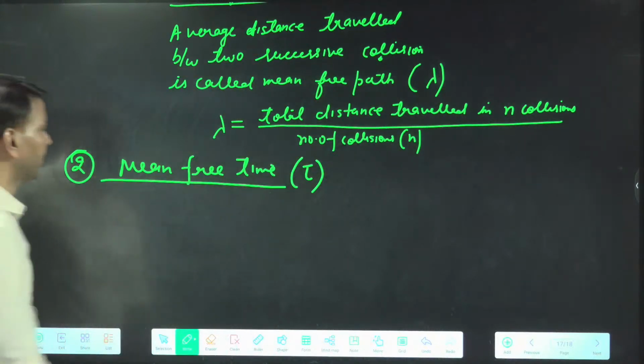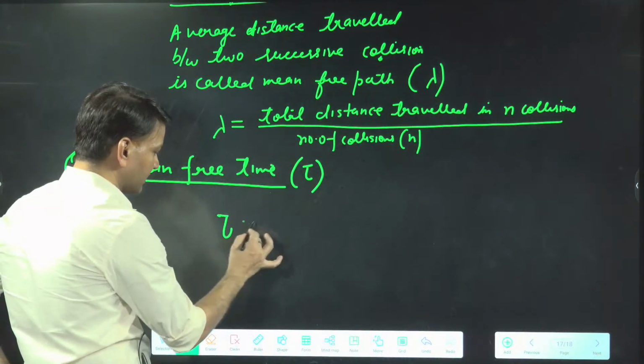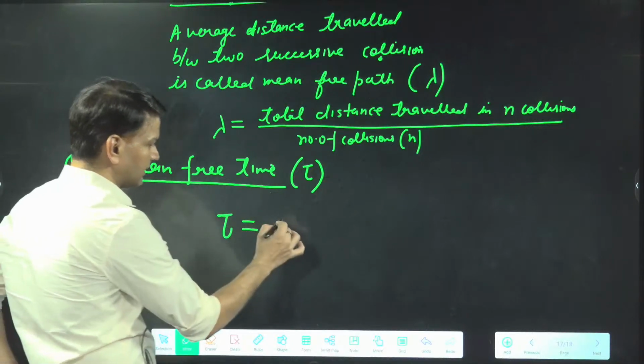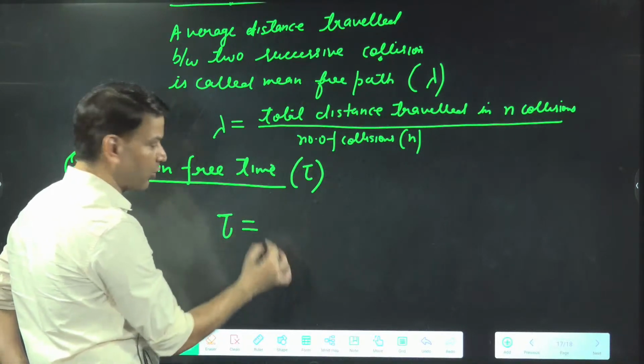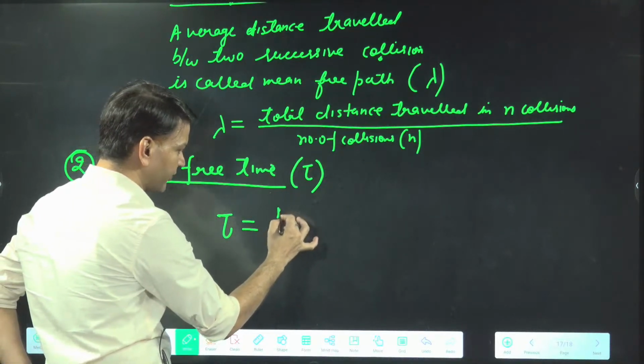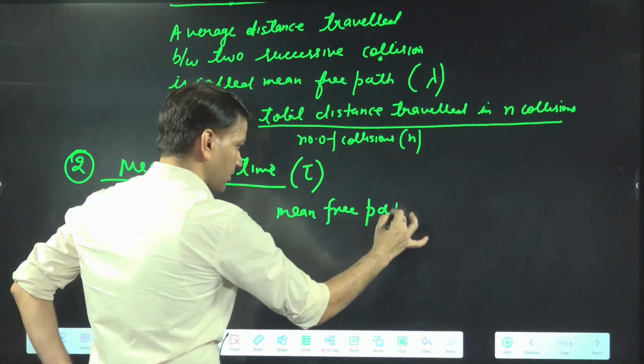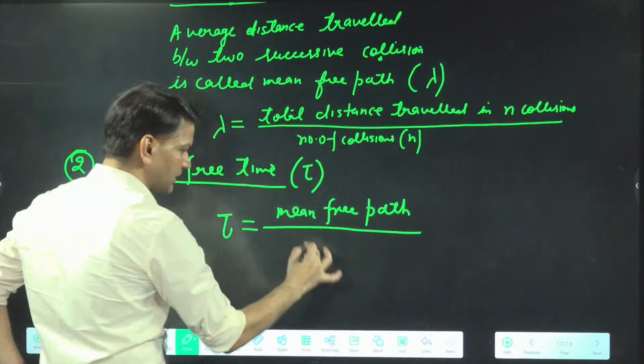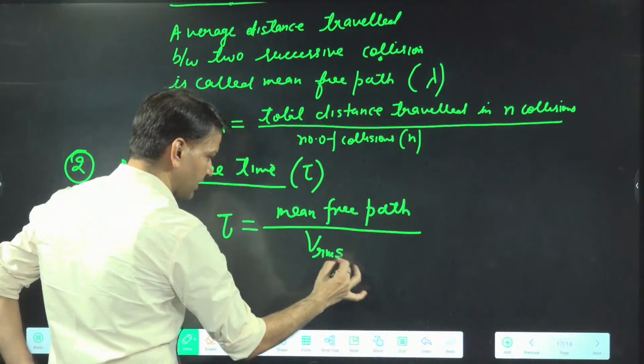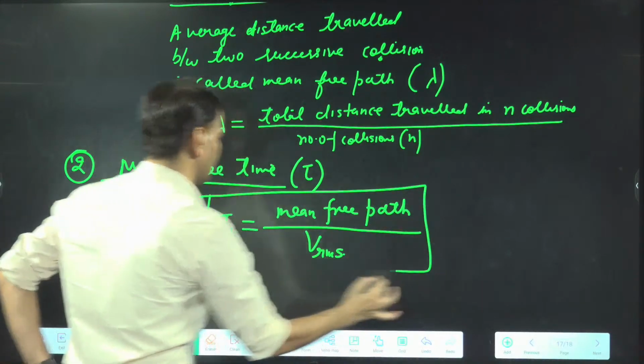Then the mean free time formula: mean free time is equal to, time is distance upon speed, so that will be the mean free path upon the speed of the molecule, that is VRMS, the average speed we take as VRMS.